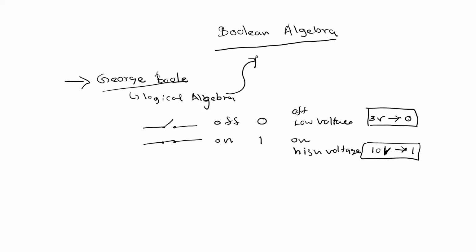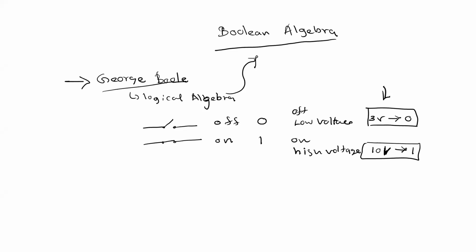Okay. Right. So here we have two voltage levels. This is just an example. I have marked 3 volt and 10 volt. What I want to explain is we can use different voltage levels to represent zeros and ones.